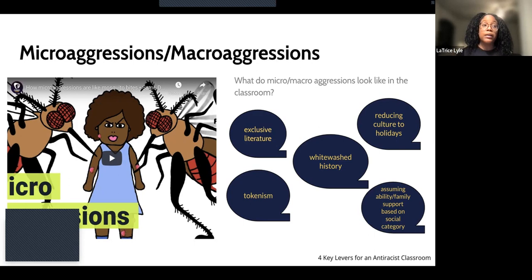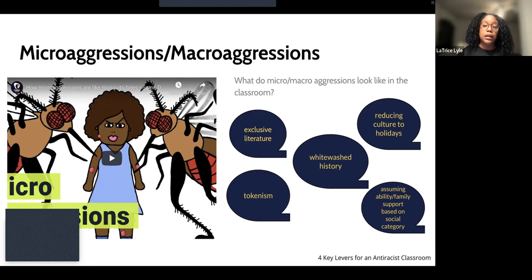Macroaggressions are when people who hold implicit biases are not only making comments and omitting people of color or people who identify differently from them from the histories they teach or how they engage in the world. Macroaggressions are when those people then go commit an overt act of violence. An example of this recently would be the Buffalo massacre that happened at the end of May.